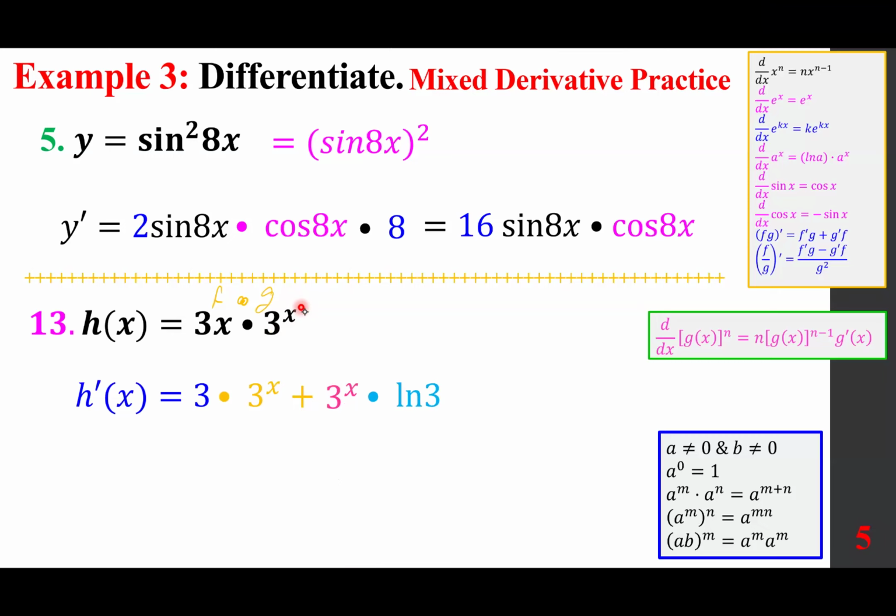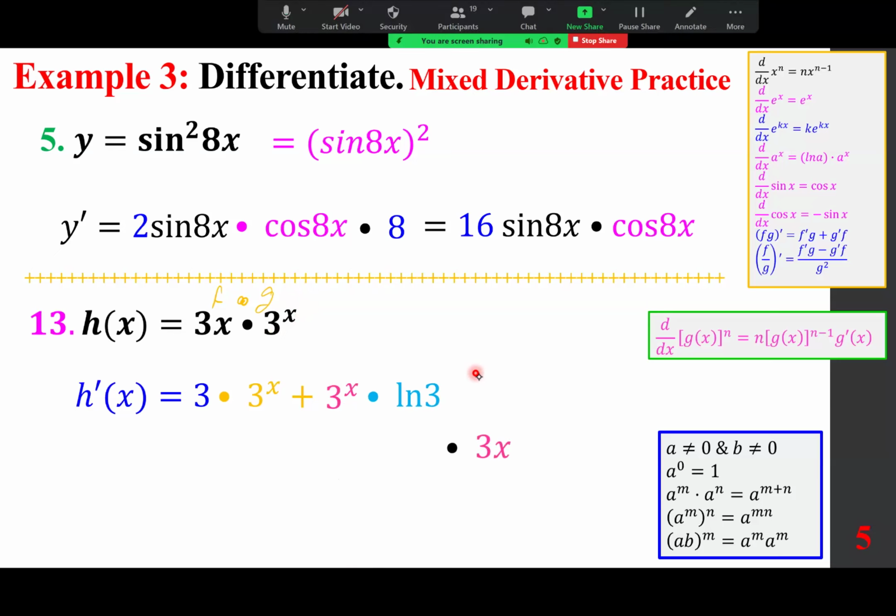And so that's g prime times f. So please understand, this is f prime g, this is g prime f. Also notice the exponent here is 1.